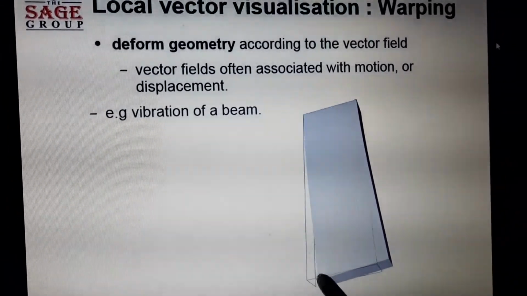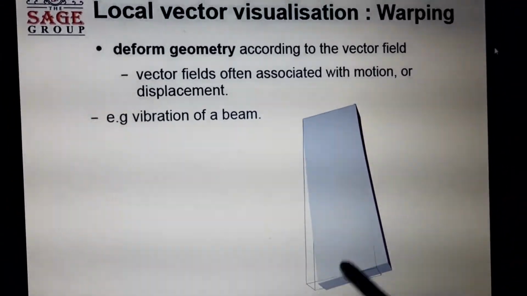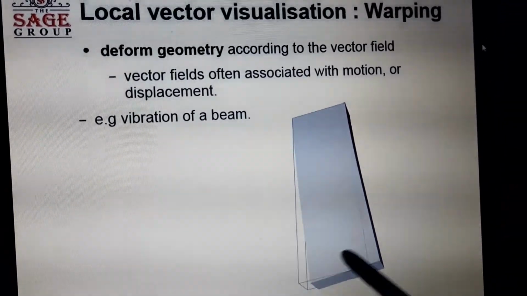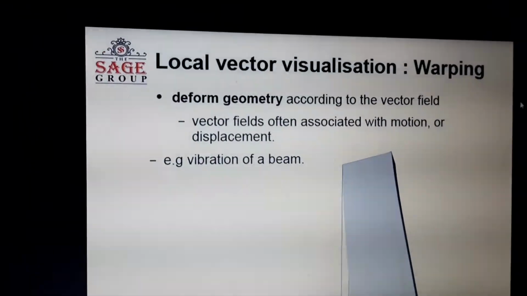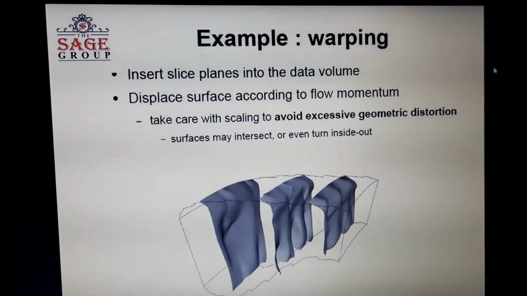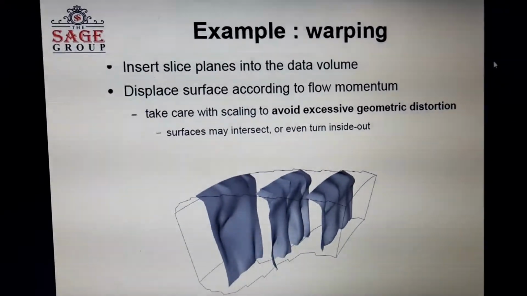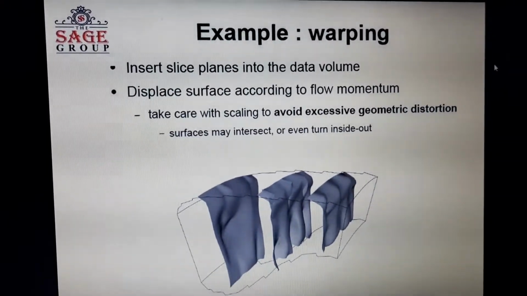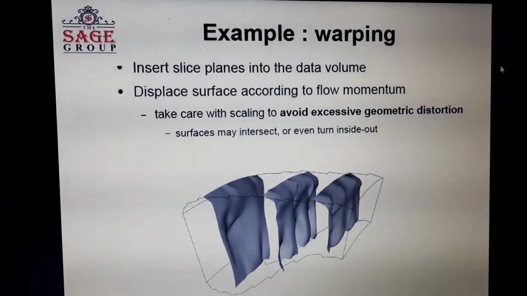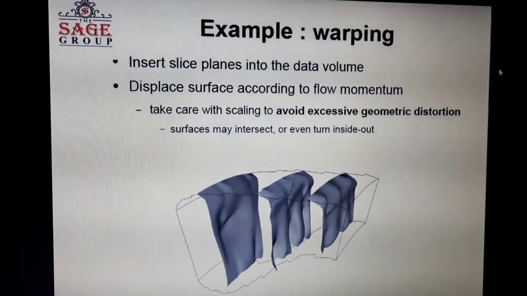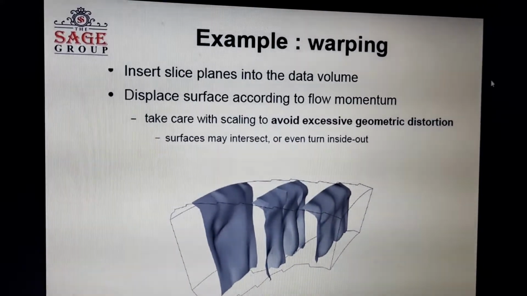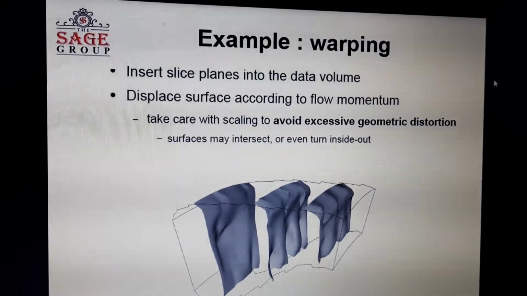By the use of lines we can show the displacement of the actual object from the current position. This is another example of wrapping. We can insert slice planes into the data volume and display the surface according to flow momentum. Take care with scaling to avoid excessive geometric distortion. Surfaces may intersect or even turn inside out.